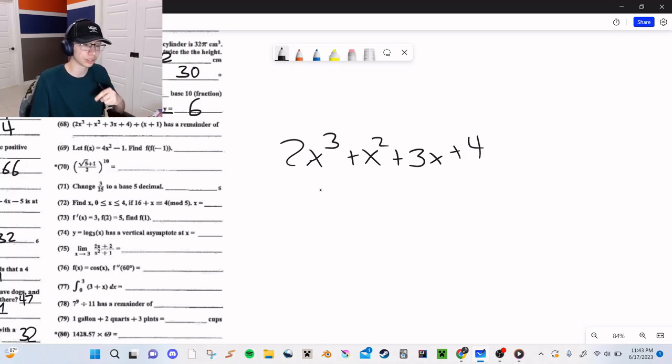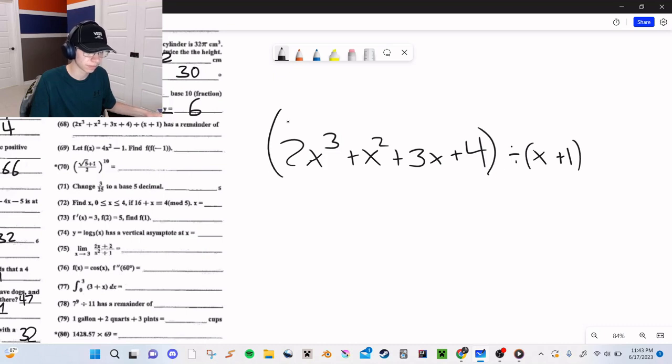There's a trick you can use to get the remainder here. The way you can get the remainder of this expression when divided by x plus 1 is you set this number which you're dividing by equal to 0 and solve for x.